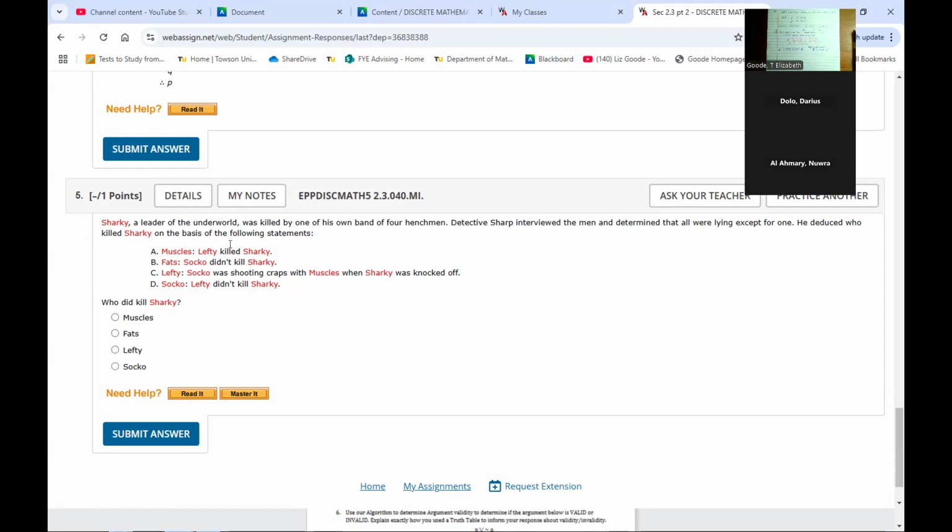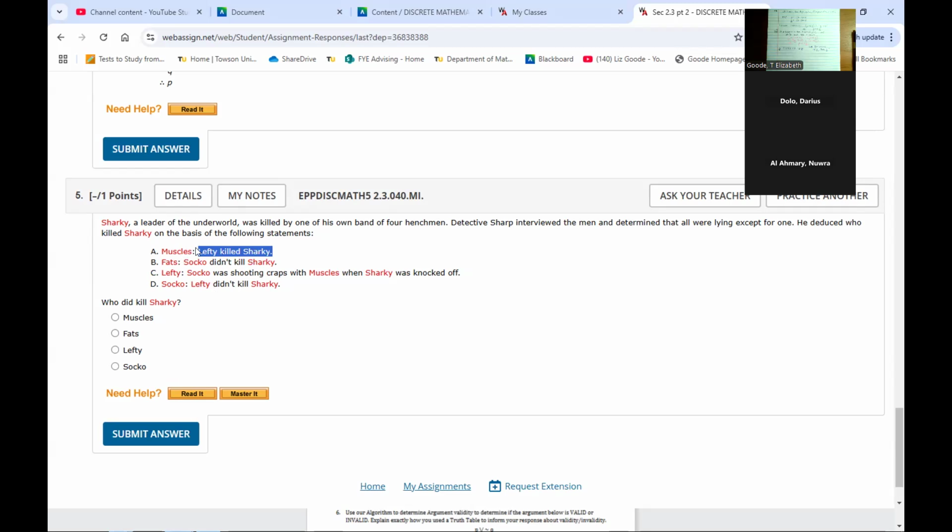So Muscles says Lefty killed Sharky, but Sacco says Lefty didn't kill Sharky. So that's the contradiction.